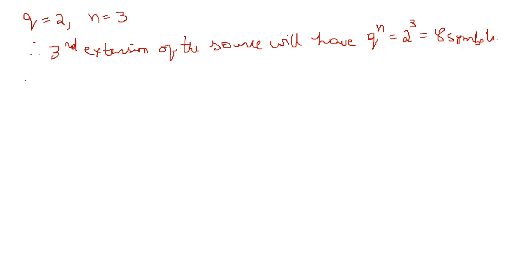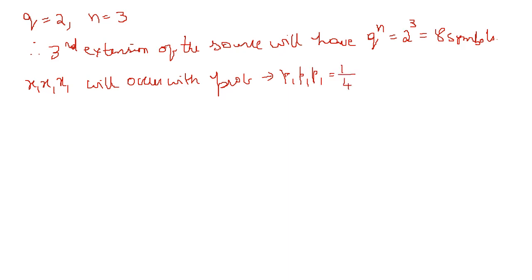So the first symbol will be x1, x1, x1, which will occur with probability P1, P1, P1, which is equal to 1/4 into 1/4 into 1/4, which is equal to 1/64.